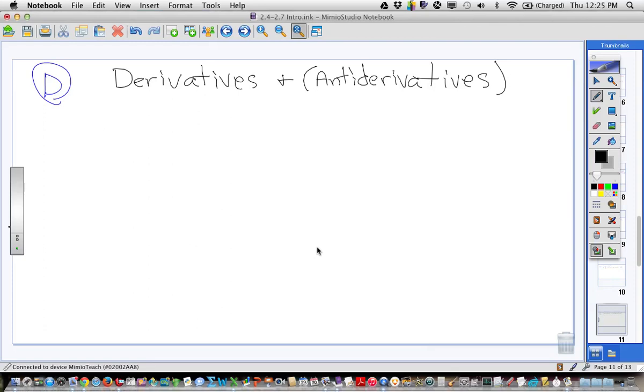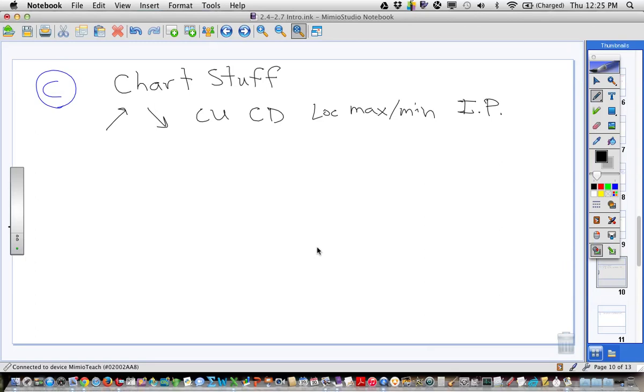So those are the 4 main things. 2 of those aren't really new, and 2 of those we still have to talk about. So the first 2, differential equations and global max min, is what we're going to focus on today. All right, with derivatives and antiderivatives, we're going to check over your homework here and talk about this in some detail. And then, of course, this stuff with the chart, with the number line, is stuff we've already done.